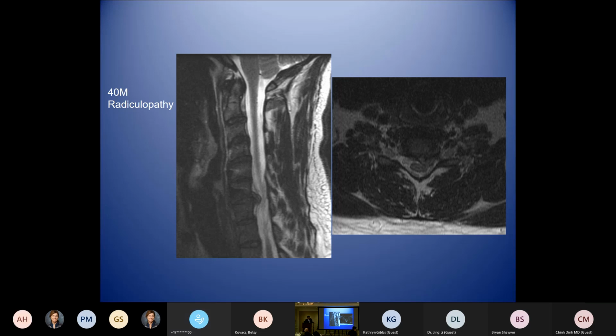And on the right side, on the actual pictures, you can see a left-sided disc herniation at C6-7 that's significantly compressing that exiting nerve root. There's maybe a little bit of an indentation on the spinal cord, but there's no signal change, and the canal in general is pretty patent. So this is a patient who has a clear, classic cervical radiculopathy.